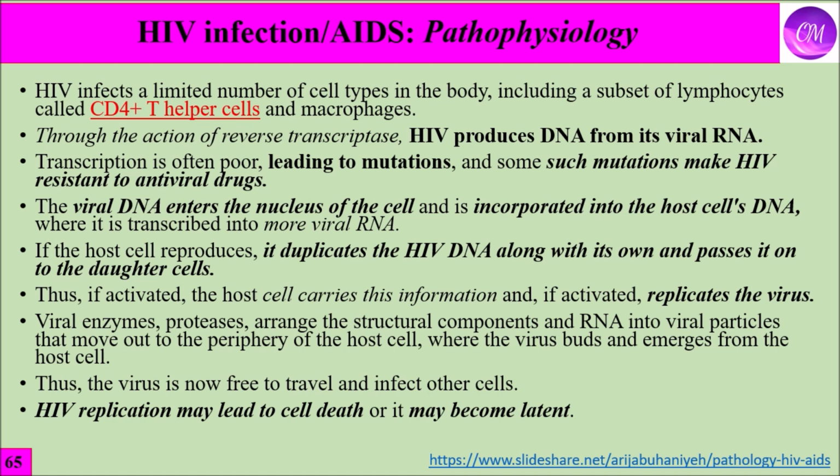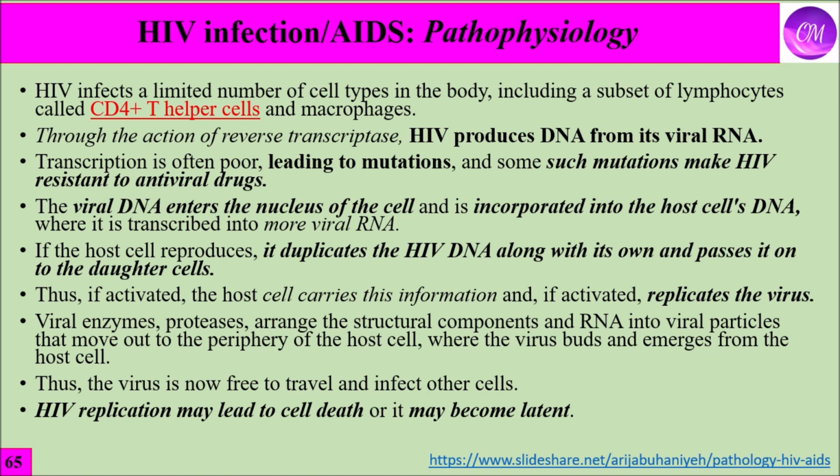The viral DNA enters the nucleus of the cell and is incorporated into the host cell's DNA, where it is transcribed into more viral RNA. If the host cell reproduces, it duplicates the HIV DNA along with its own and passes it on to the daughter cells. Thus, the host cell carries this information and, if activated, replicates the virus.